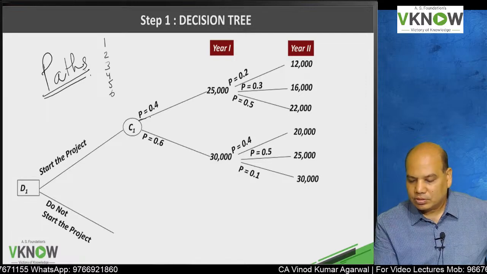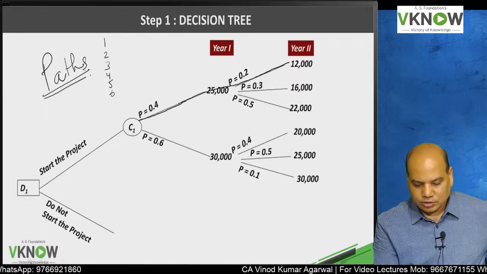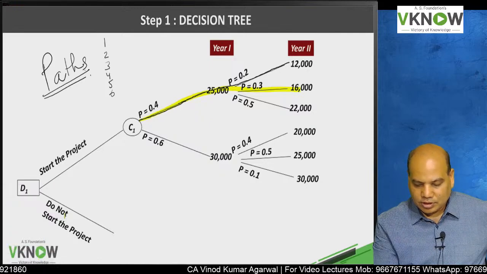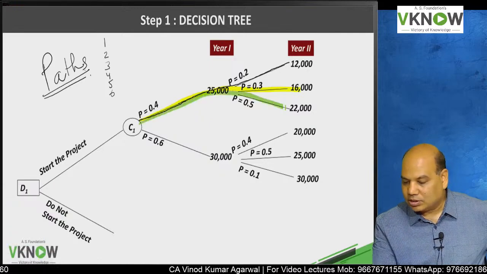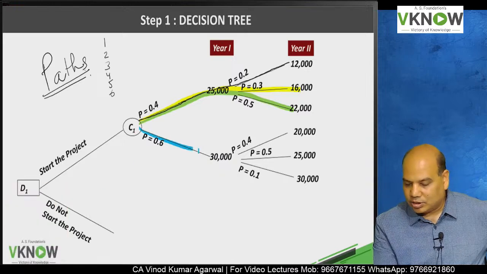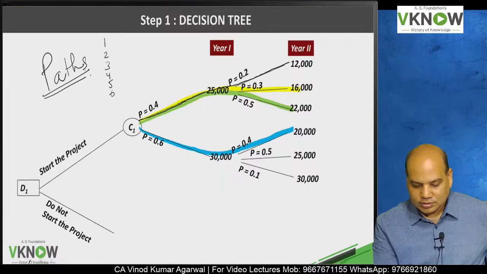See, this is one path. This is one path. Then this can be second path. Then this can be third path. Then this can be fourth path.